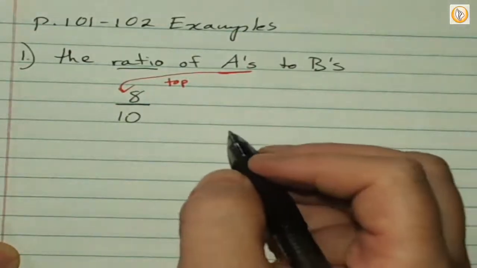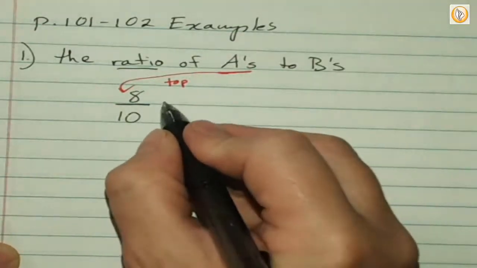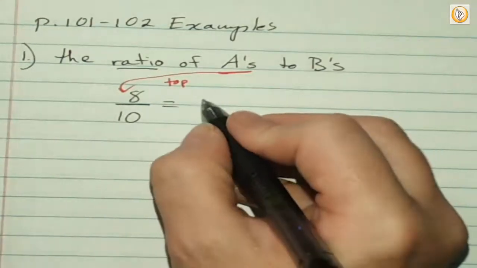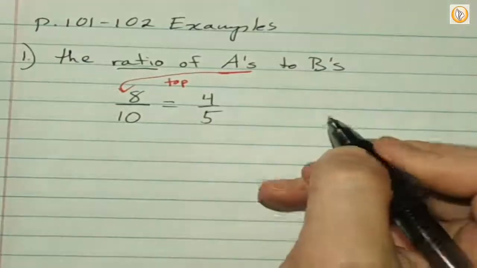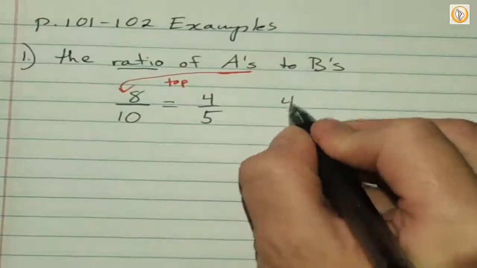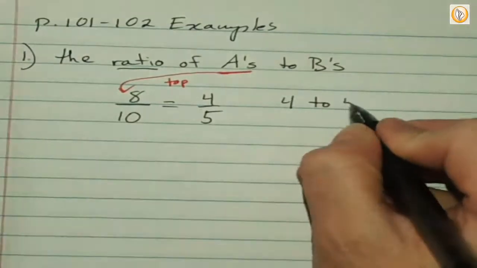All right, now it says put it in lowest terms. So if you reduced it, what would you get, Aiden? 4 over 5. And they also said to write it using the word to. So it'd be 4 to 5.